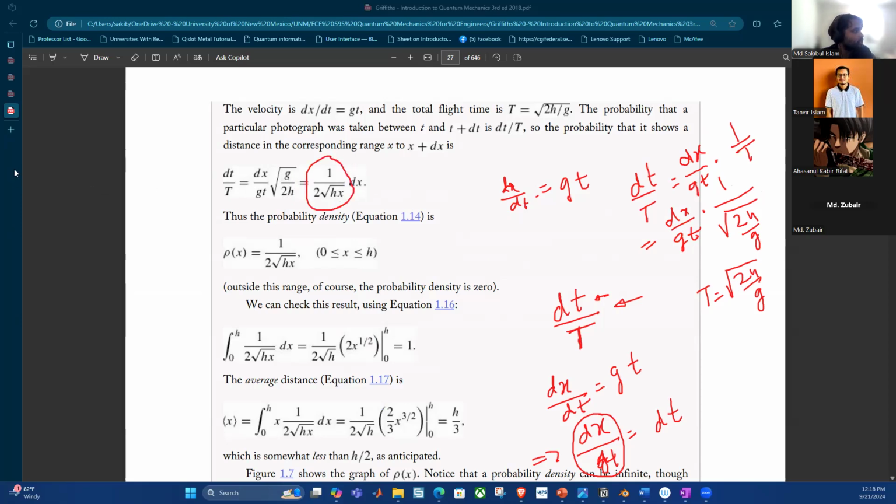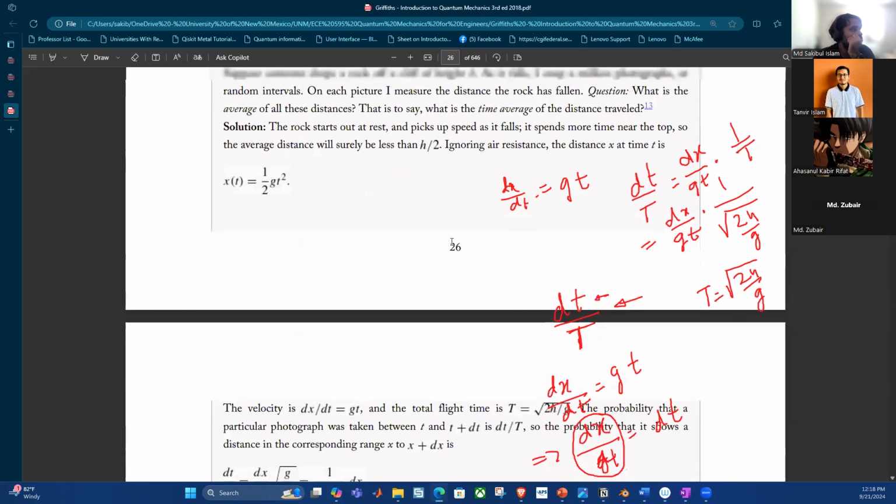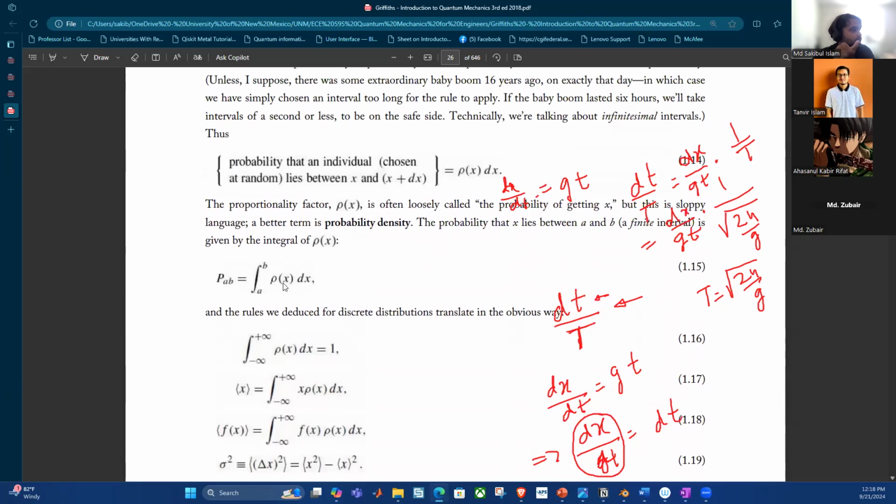How is it a probability density function? Because it says in dx, what is the probability? If you analyze rho x multiplied by dx, that is the probability of finding a value in between x and x plus dx.